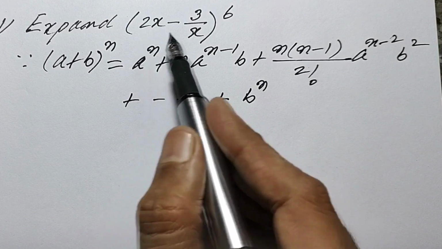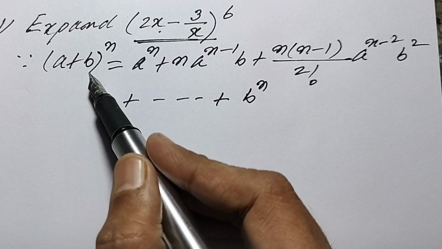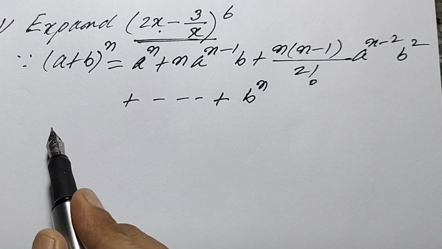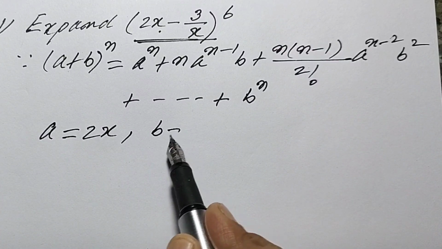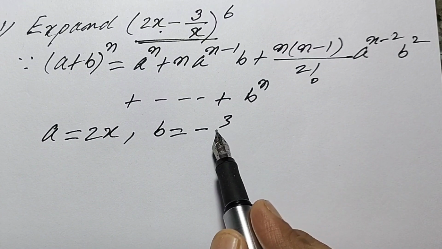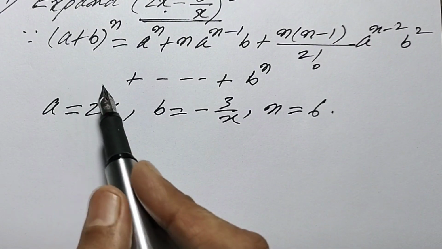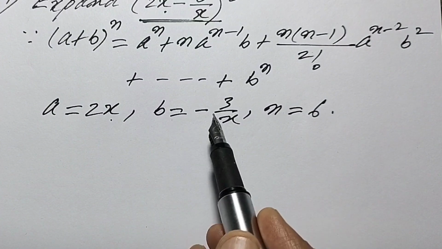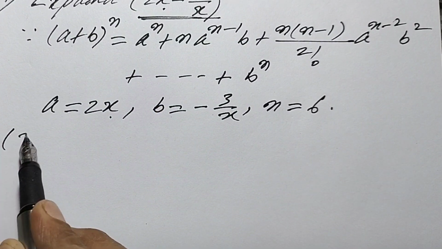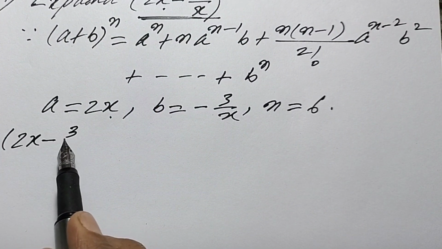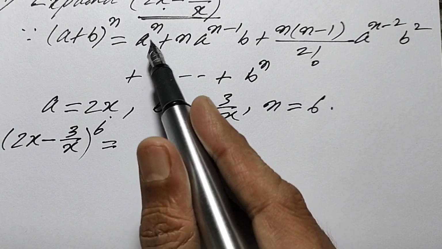So if we compare this with the general binomial expression, we have a equal to 2x, b equal to minus 3 upon x, and n equal to 6. If we replace a by 2x, b by minus 3 upon x and n by 6 in this expansion, we have (2x minus 3 upon x) raised to the power 6 equal to a raised to the power n.